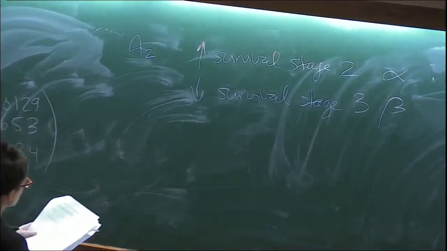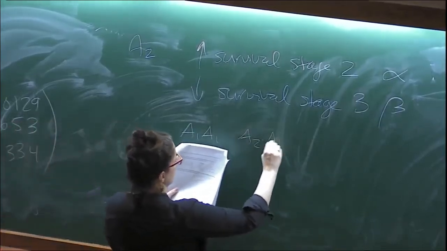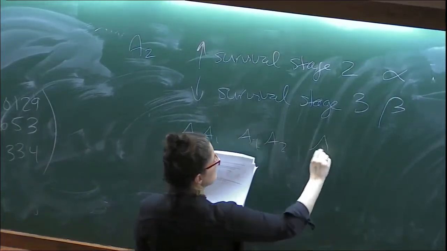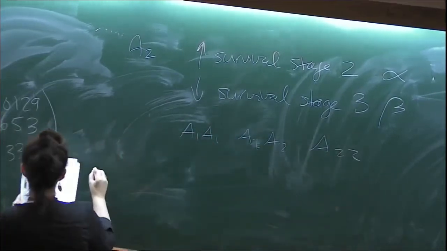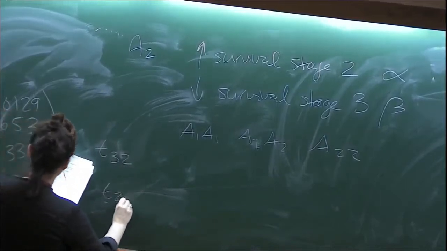So I'm going to show this. So here we have the genotypes. And here are the 2 survival rates. The survival rate from 3 to 2 and from 2 to 1.